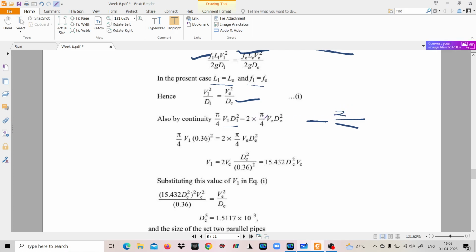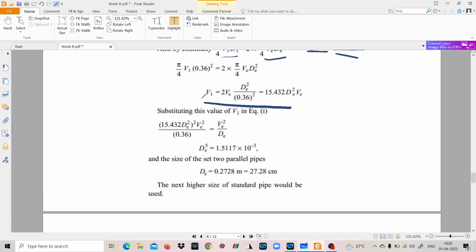So that's why 2 into pi DE square by 4 into VE. From this we can get an expression relating V1 with VE. Now if you substitute this value of V1 in this equation, we will get an equation where the unknown is DE, but DE raised to the power 5.